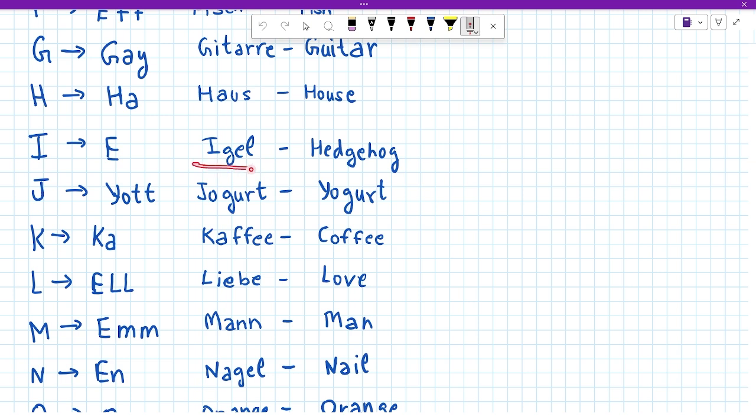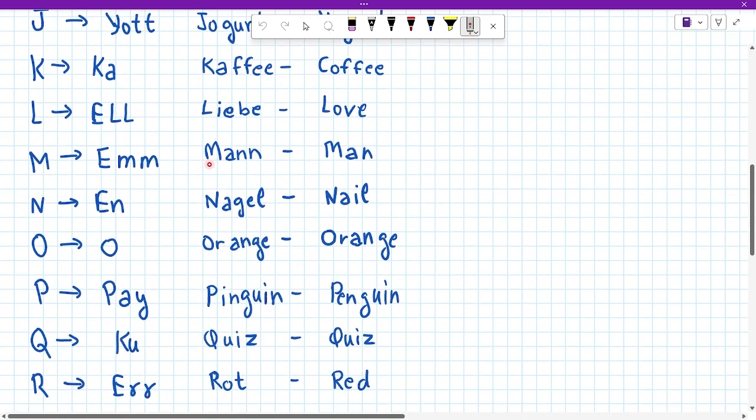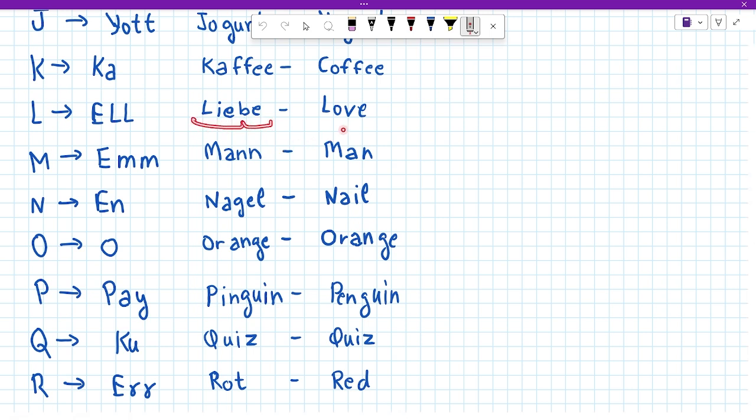Eagle, sounds like eagle but with an I. Hedgehog. Yogurt. Café, coffee. Liebe, love.